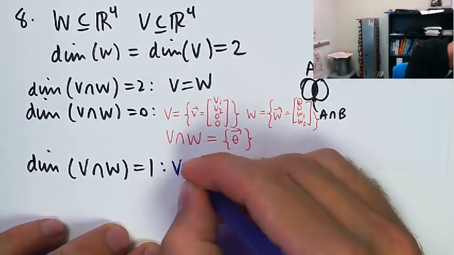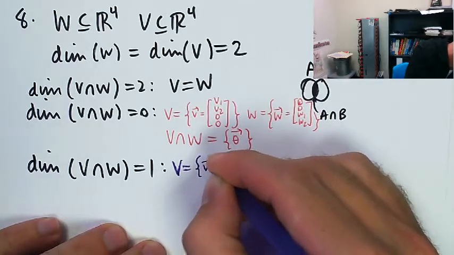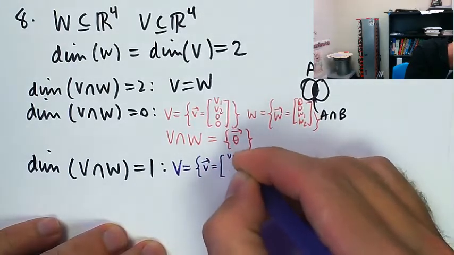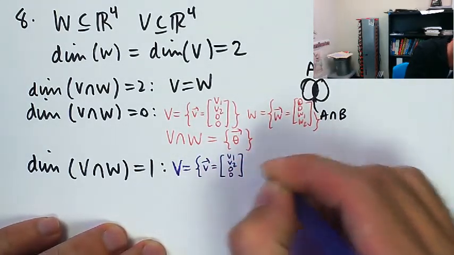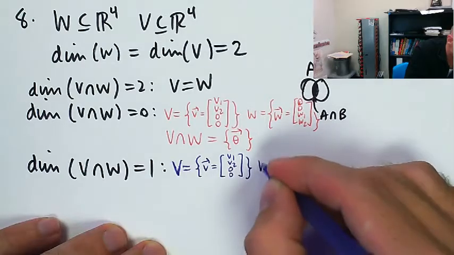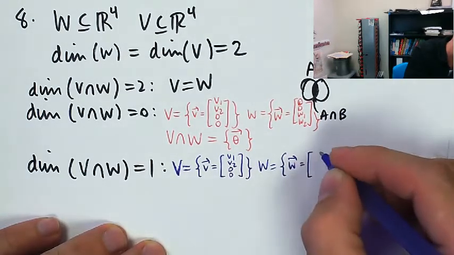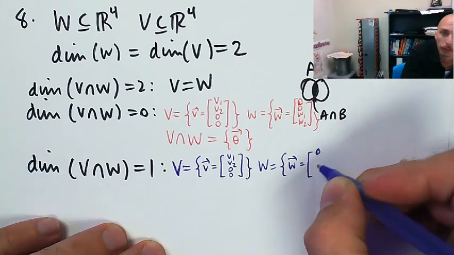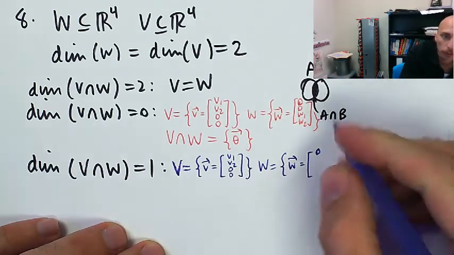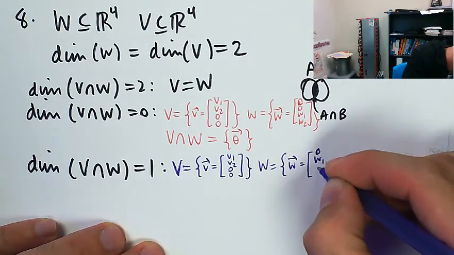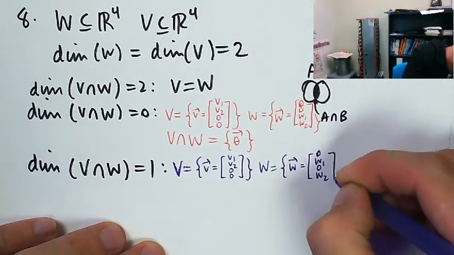All right. V is the set of all vectors, same, V1, V2, 0, 0. And W is the set of all vectors 0, W1, so that's where they're going to overlap if we just induce some overlap.